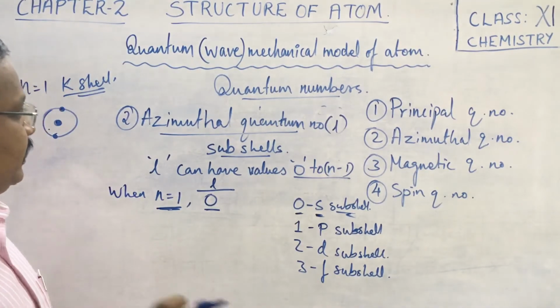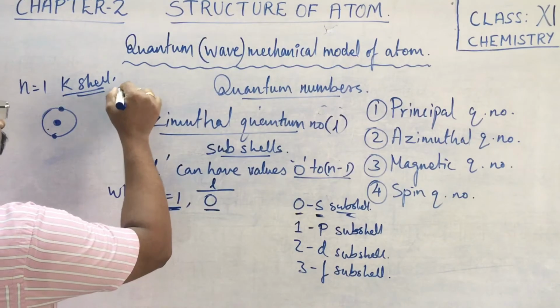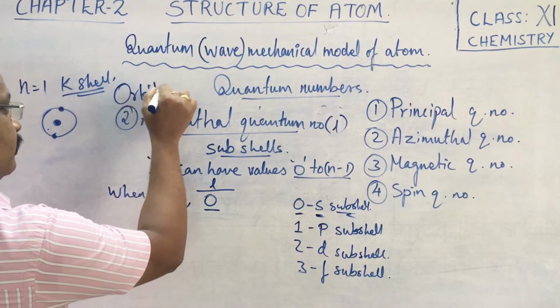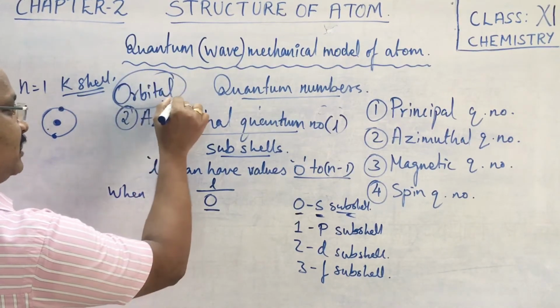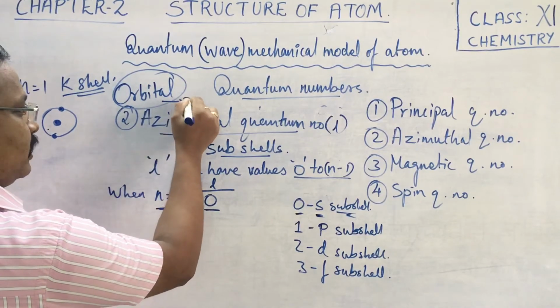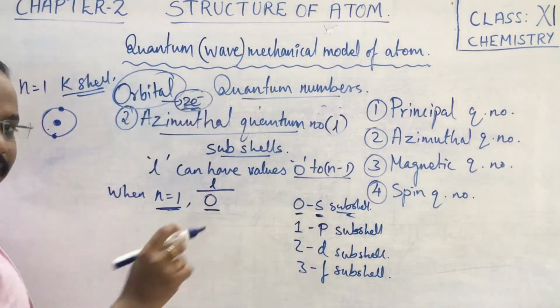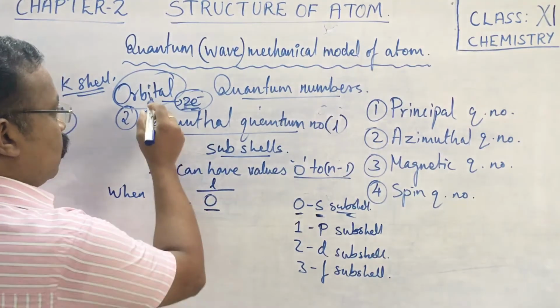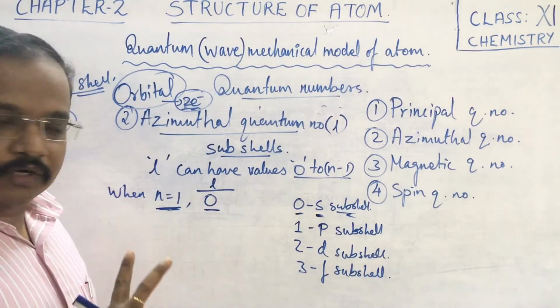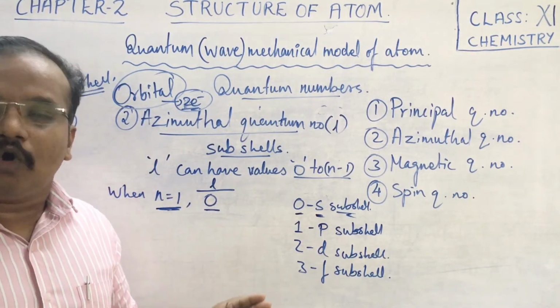As I said in the beginning, an orbital can accommodate a maximum of 2 electrons only, but there can be different orbitals.